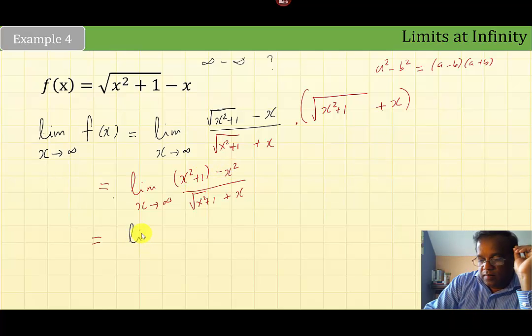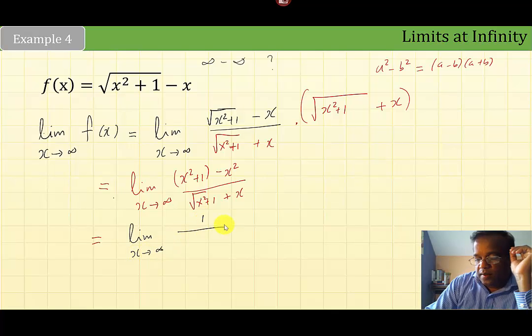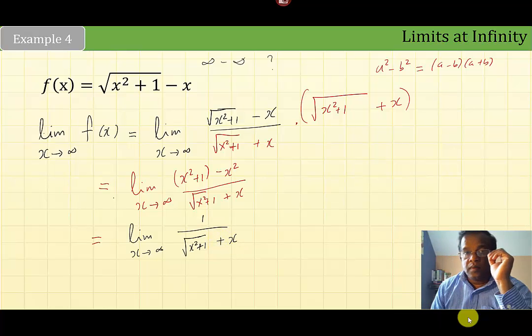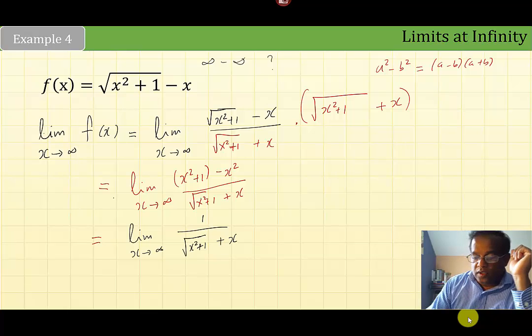So we have the limit as x approaches infinity of 1 in the numerator, and the denominator we have square root of x squared plus 1 plus x. Now you can easily figure this one out, because as x approaches infinity, this approaches infinity, and this also approaches infinity. So the denominator approaches infinity, so the result has to be 0.